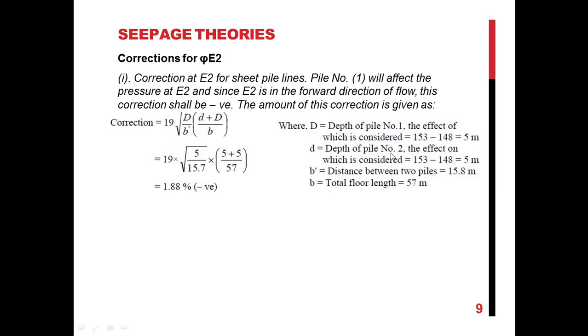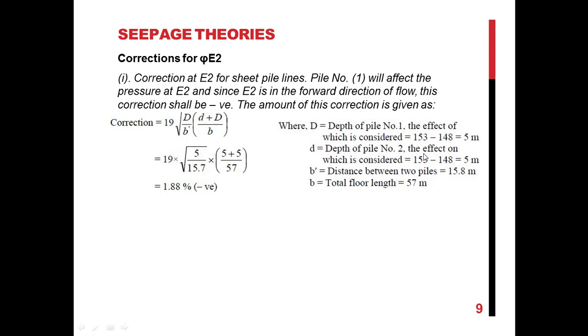Small d is equal to the depth of pile number 2, the effect on which is considered, 153 minus 148 equal to 5 meters. B dash is the distance between the two piles, which is 15.8 meters, already given in the figure, and B is equal to the total floor length, equal to 57 meters. All these values are given in the figure.